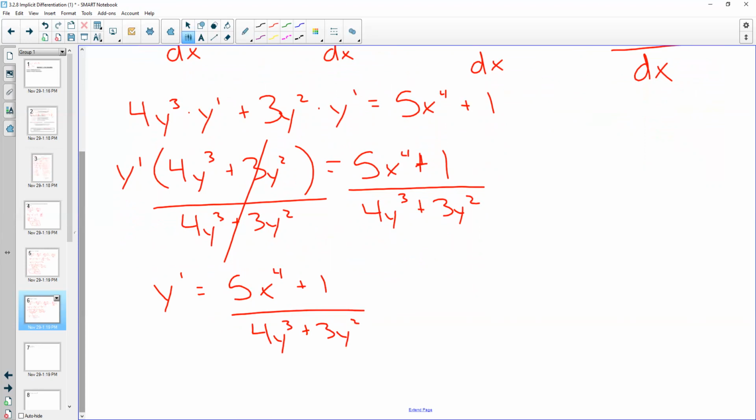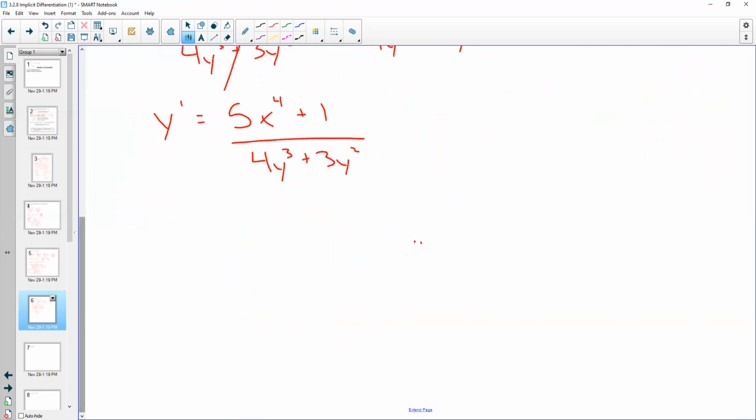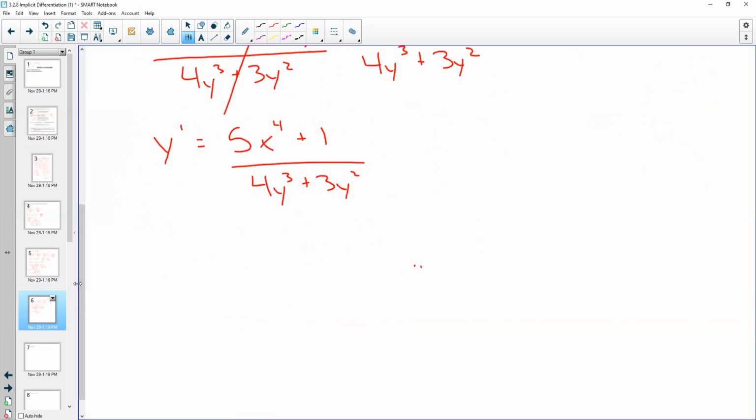Excellent. Annabelle, is there anything that you want to factor out of this one? What about our denominator? We'll leave the top alone. On the denominator, we could factor out y squared.